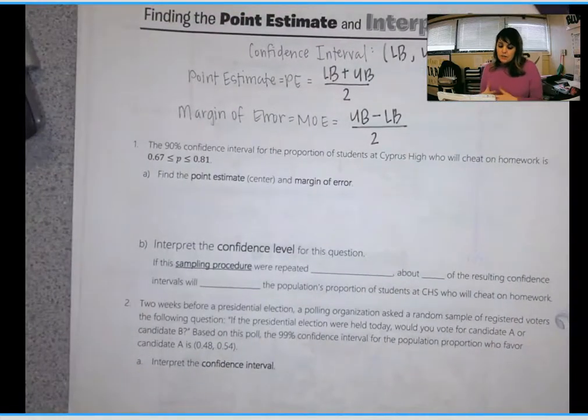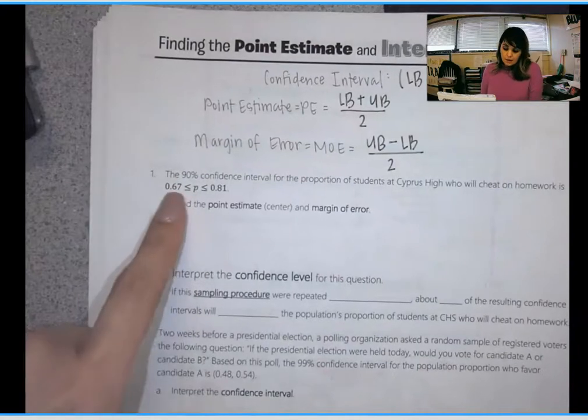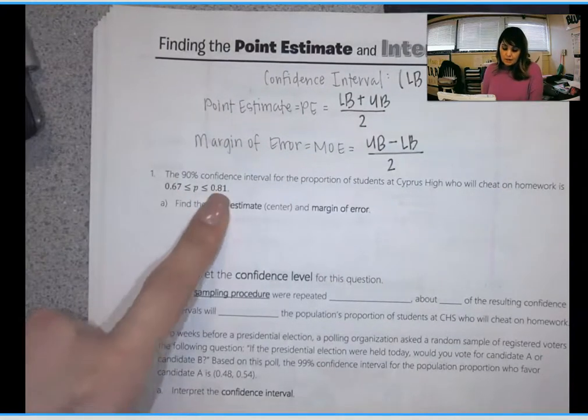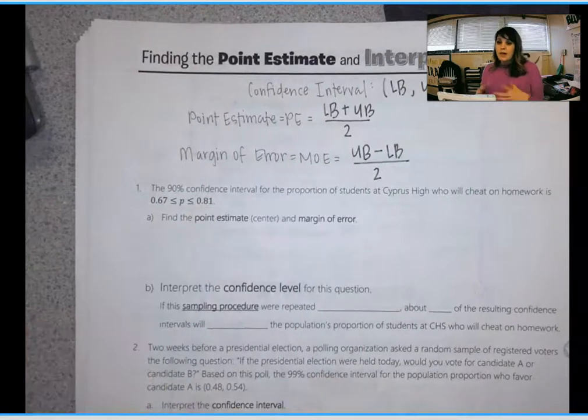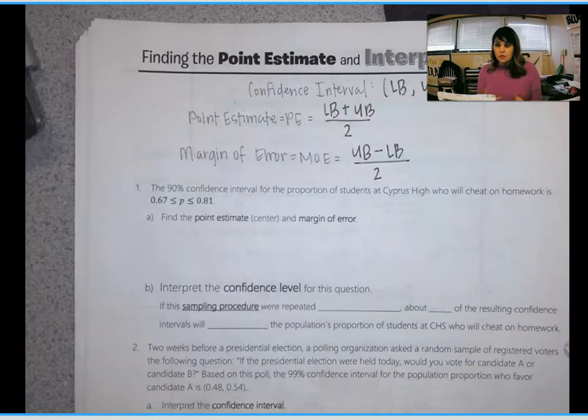So let's look at an example to see what would be expected of us in this situation using these formulas. A 90% confidence interval for the proportion of students at Cypress High who will cheat on homework is 0.67 to 0.81. So here's what happened. We took a sample of Cypress High students. We don't know how many people are in the sample because it didn't tell us, but we took a sample and calculated p hat.